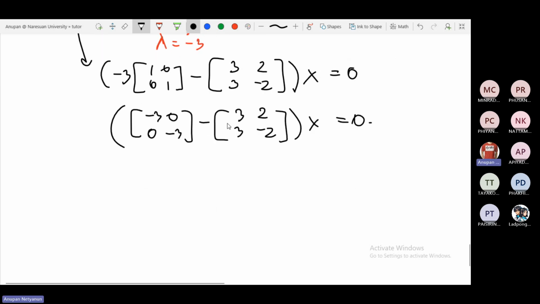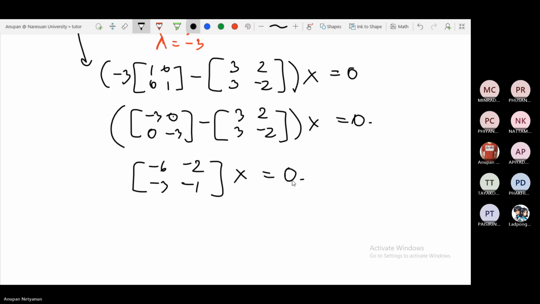Doing the subtraction, I get -6, -2, -3, and then minus becomes plus: -3 plus 2 is -1.